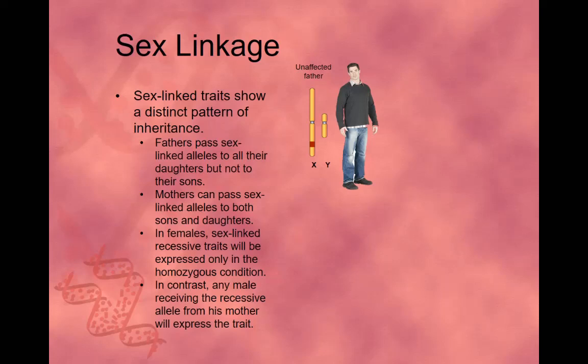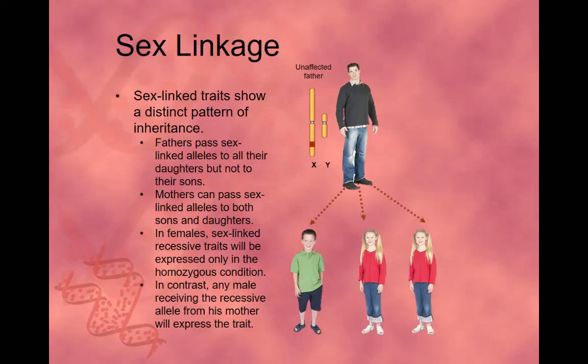In females, sex-linked recessive traits will be expressed only if you're homozygous for it, but in males, receiving the recessive allele in just one chromosome will be expressed because you only have one. So let's say we have a father and he has 4 kids. He's going to have 2 boys and 2 girls.